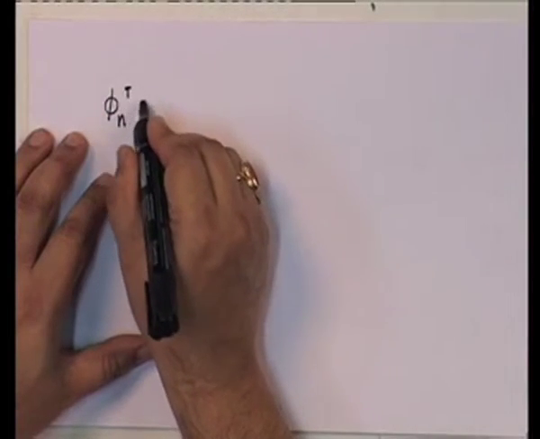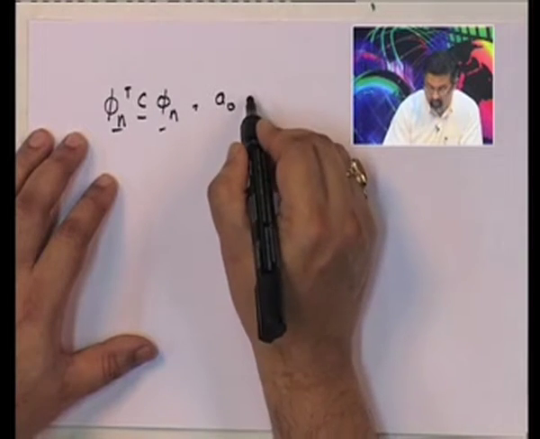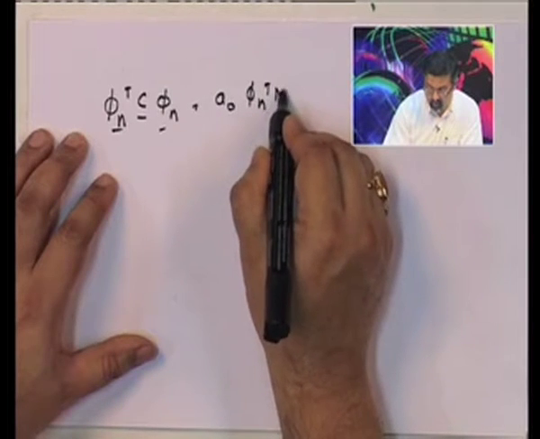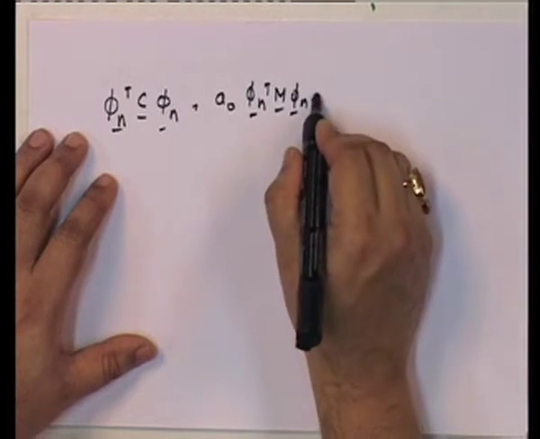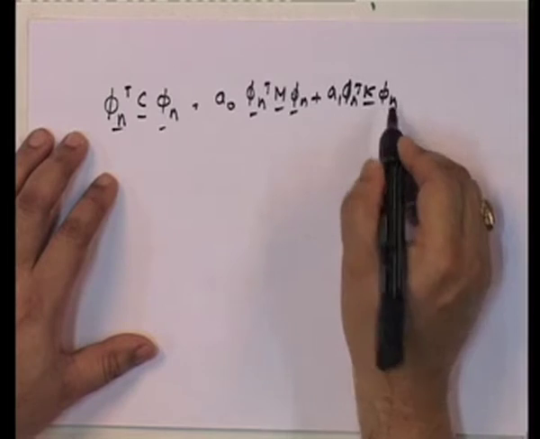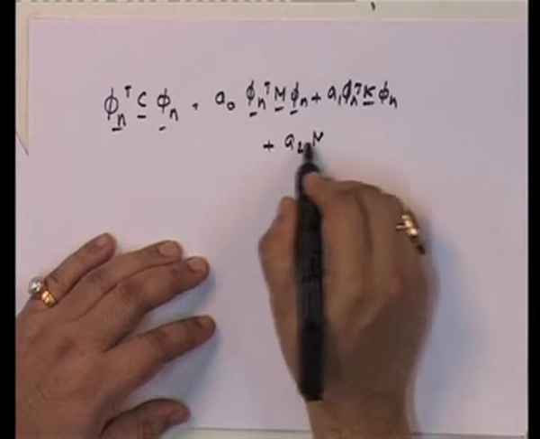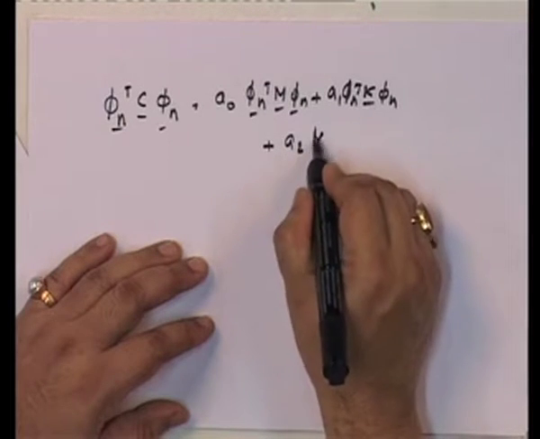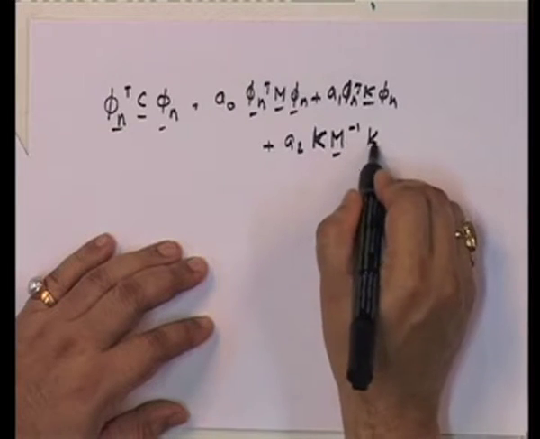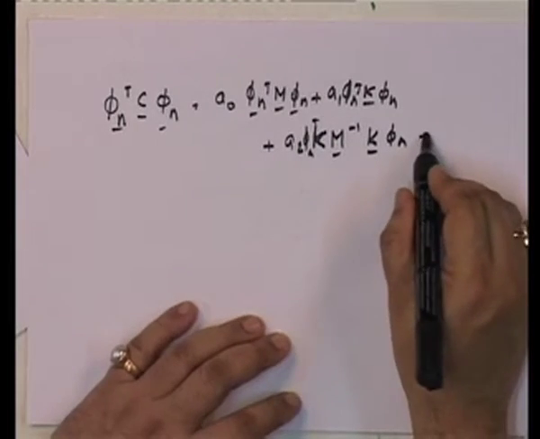Well, if I were to make it phi n transpose C phi n, I get A0 phi n transpose m phi n plus A1 phi n transpose k phi n plus A2 m into m inverse, which is I. So, this becomes k m inverse k phi n transpose plus blah blah blah.